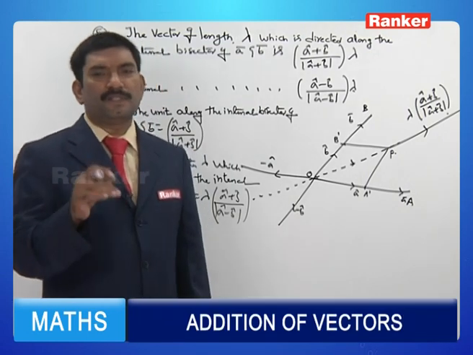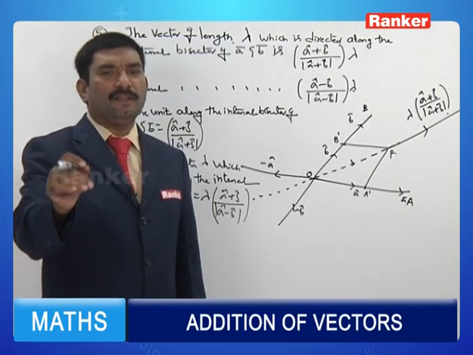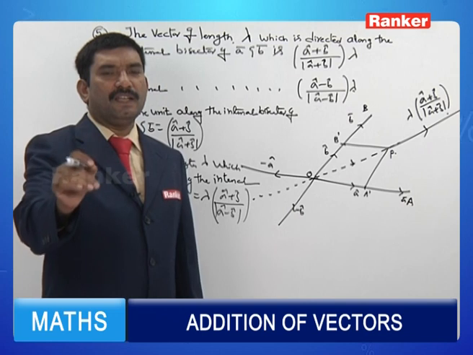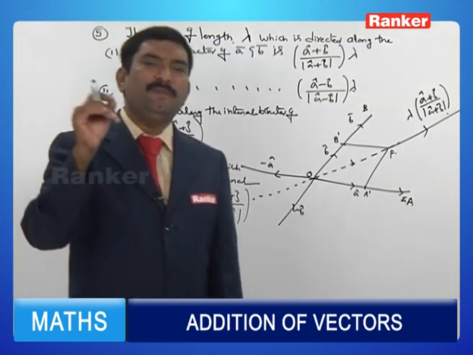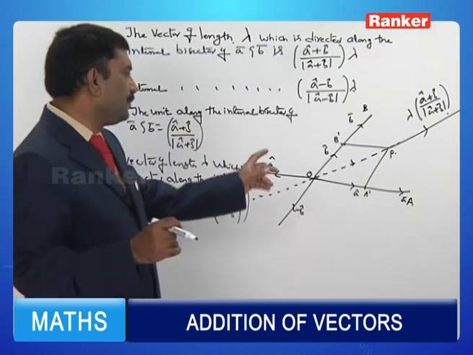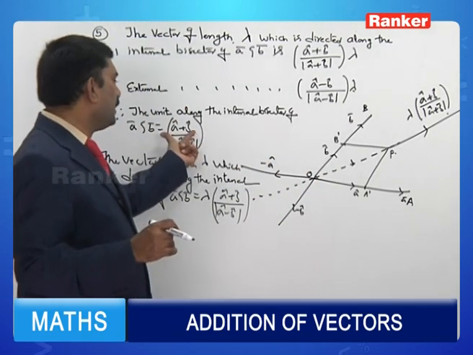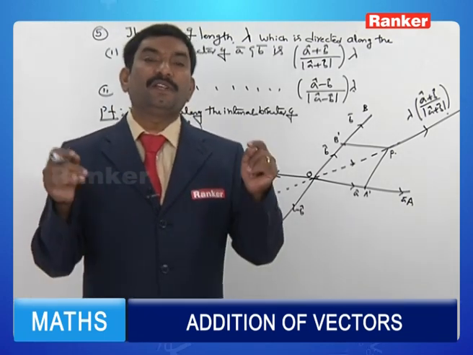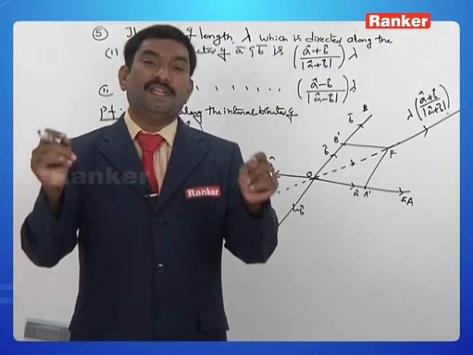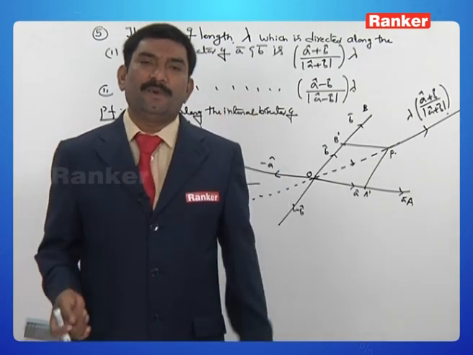So we went to discuss the vector of length lambda, which is directed along the bisector of a bar and b bar. So therefore, we know up to here OP bar as (a cap plus b cap) by modulus of (a cap plus b cap). We want a vector of length lambda directed along the bisector of a bar and b bar.